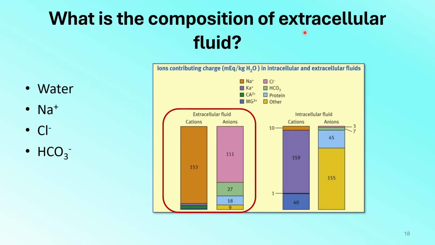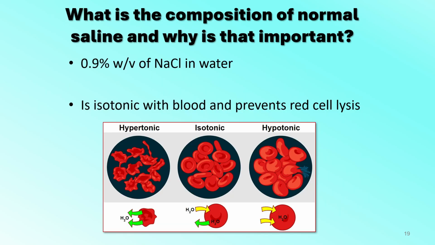So extracellular fluid, what do we have? We've got sodium and chloride and a certain degree of bicarbonate, along with water in the extracellular fluid compartments. Yes, there are lots of other things, but these are the major ones. So we can replace extracellular fluid most commonly with normal saline.